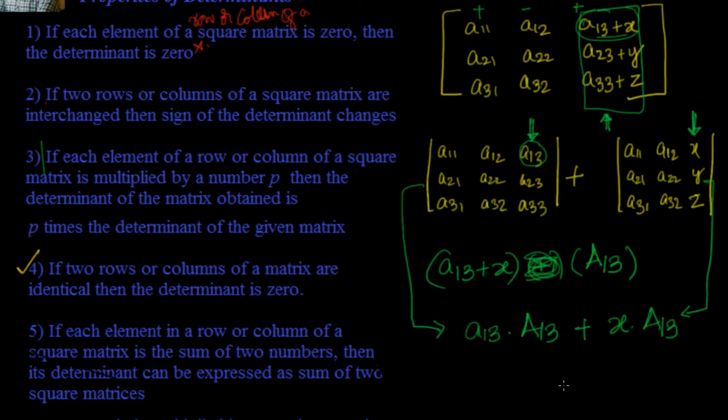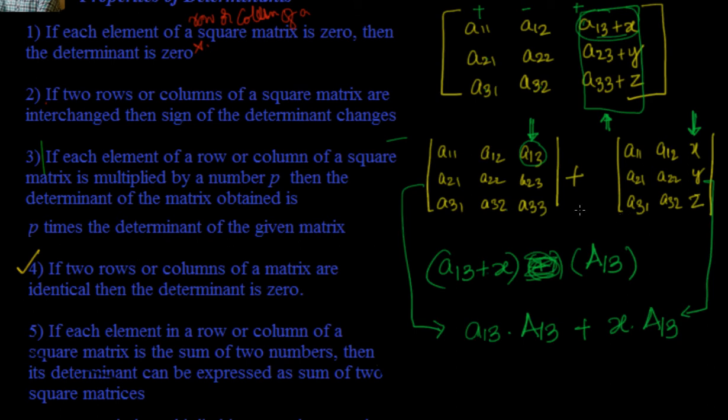So that tells us very clearly that if a particular row or a column can be expressed as sum of two numbers, then you can actually separate them into two square matrices of the same order. If it is 3 by 3, it's a 3 by 3. Now the only point you have to remember is, other than that particular row or column, remaining values will remain the same in the two matrices. So that's a property we have learned.